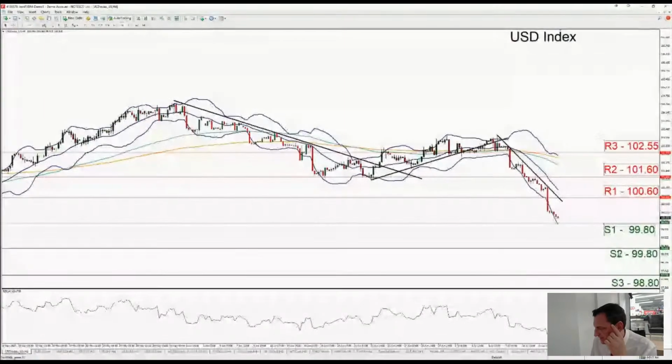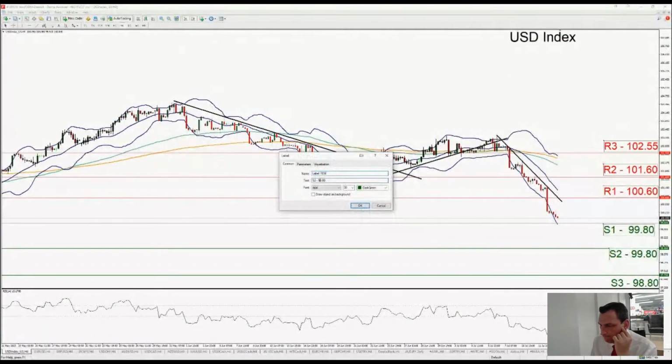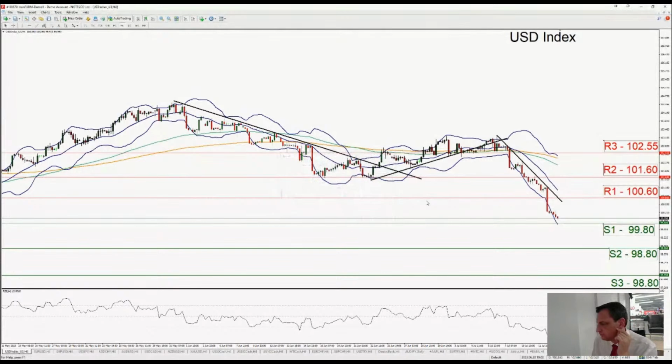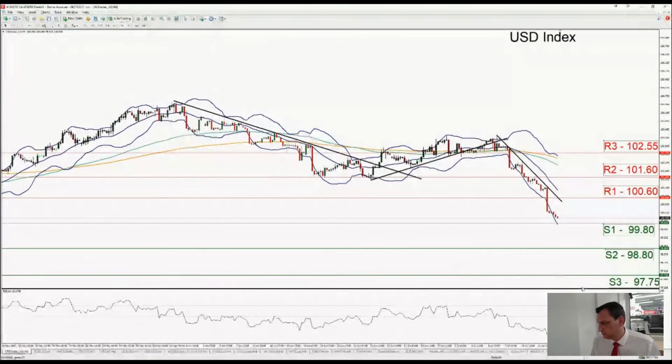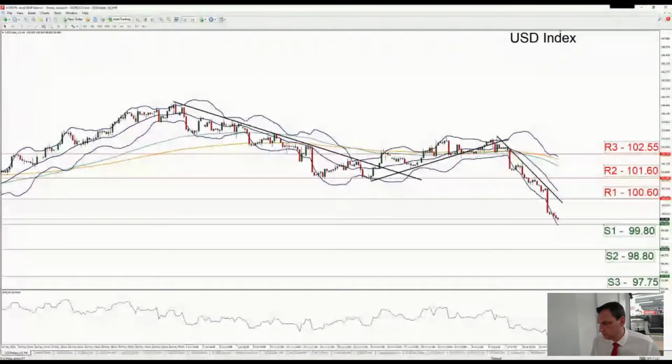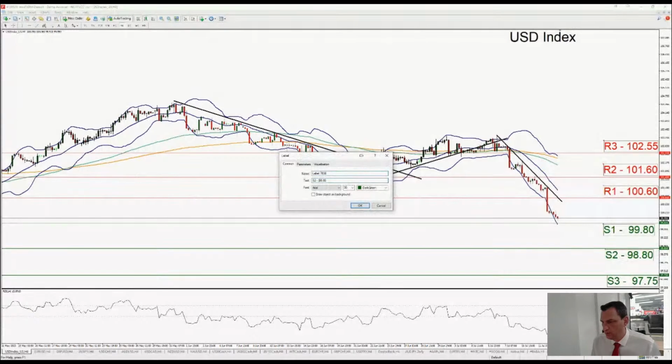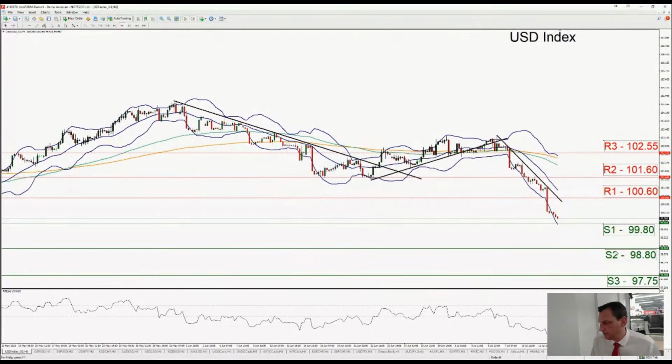The S2 at 98.80. And the S3 at 97.75. That's it. Now let's lock everything in.